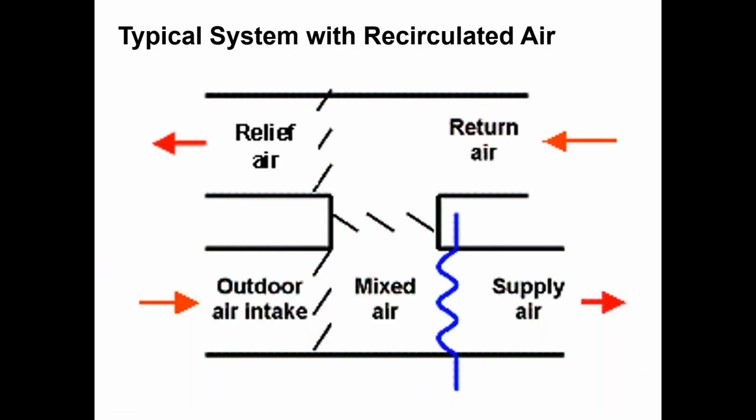This is a good visual to have in your head when you're thinking of that air intake and the recycled air. At the bottom left, you've got the fresh air coming in. On the top right, you have that recycled air, which mixes in the middle. Then some air goes back outside, and some air goes into the ventilation zone.